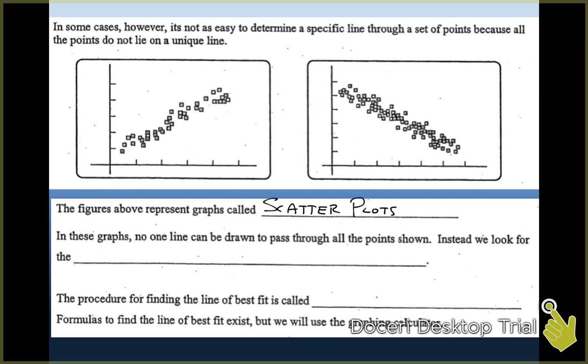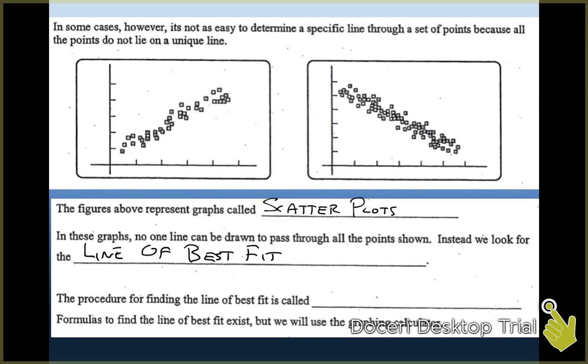No one line can be drawn to pass through all the points. Instead, we look for what's called the line of best fit. So you want to figure out what line goes through all these points and fits the best, because there's a whole bunch of ones you can pick through, so which one fits in there the best.